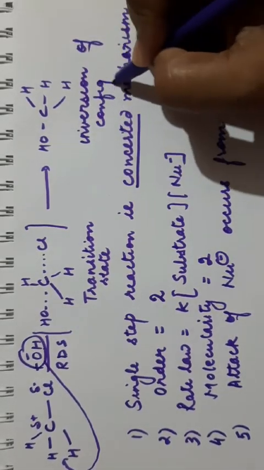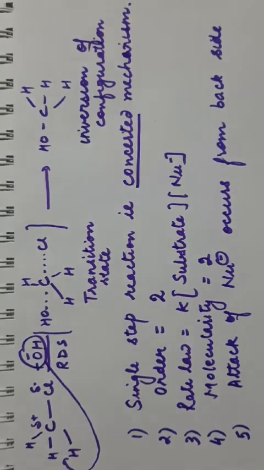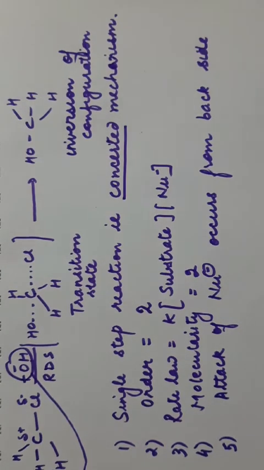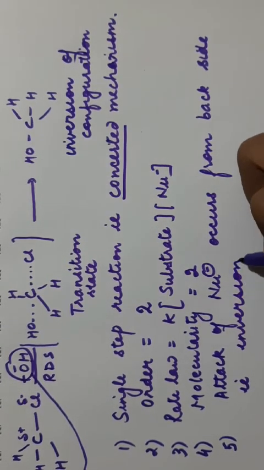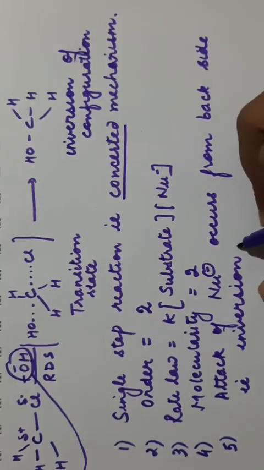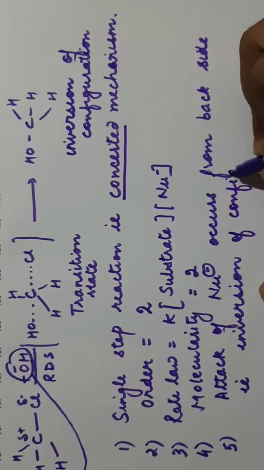Inversion of configuration means if you have taken a D form, it will change into L form. Means dextro will change to levorotatory. So if it is a chiral carbon, attack will occur from the back side. That means inversion of configuration takes place.